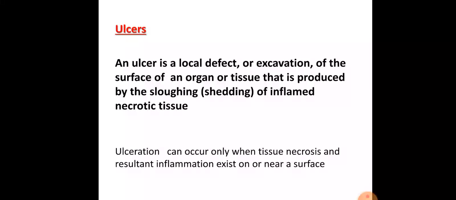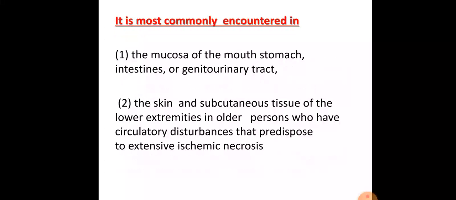Ulceration can occur only when tissue necrosis and resultant inflammation exist on or near a surface. So the necrosis and the resultant inflammation exist on the surface layer, leading to sloughing and a defect in the lining epithelium that leads to ulcer formation.